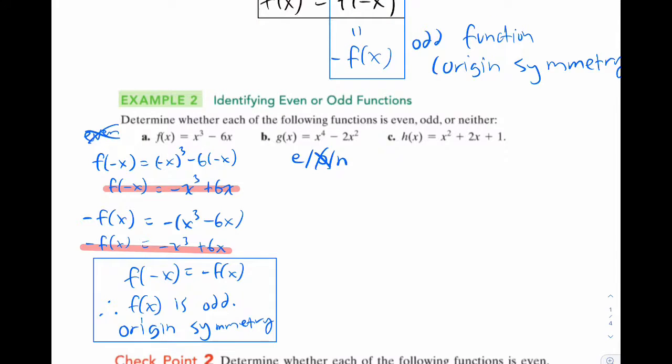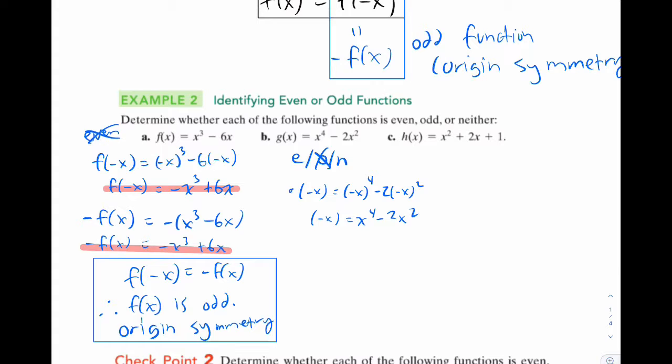We're just going to check if it's even first. So let's check if it's even. We find f of negative x. We plug in negative x here. f of negative x, that is x to the 4th minus 2x squared. Now compare it to the original, and they are the same. Oh, and actually I should be more precise.